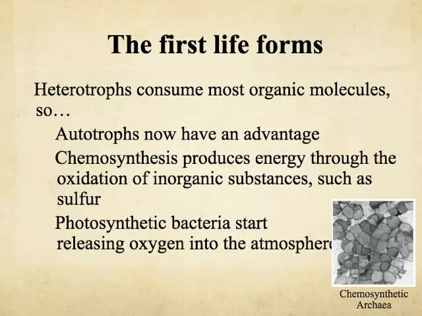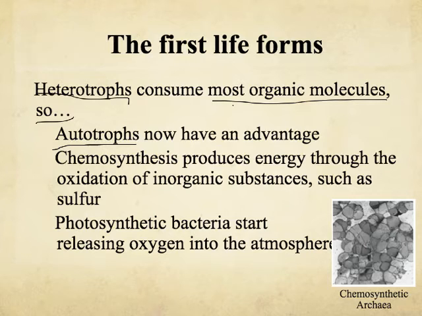Okay, so basically what happens now, these heterotrophs that get their energy from eating all these molecules, they proliferate and divide until most of the organic molecules get consumed. So now, any organism that has a mutation that makes them get energy from the sun or from chemicals would have an advantage because they could make their own food.